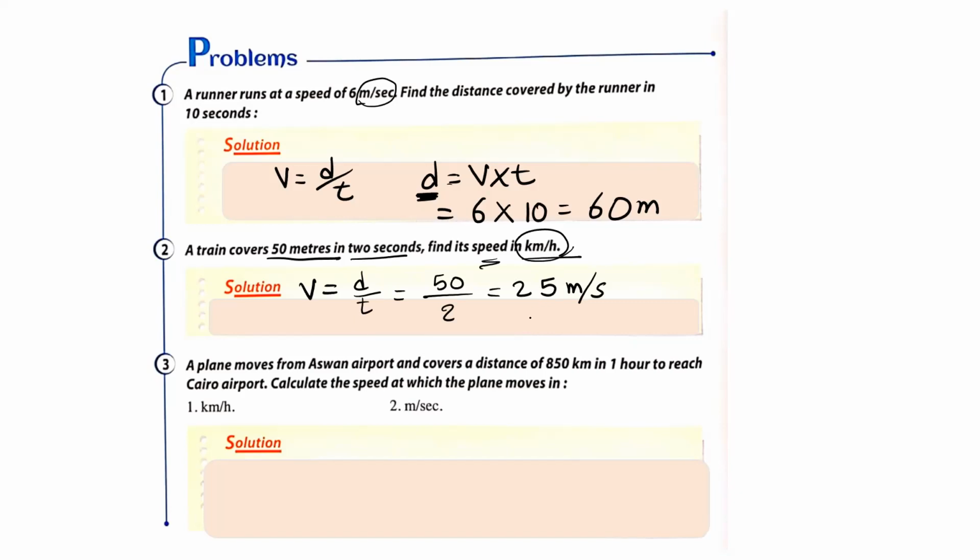So I want to change it into kilometer per hour. Focus: from small to big or from big to small? It will be from small to big, so divide. Yes, divide by what?